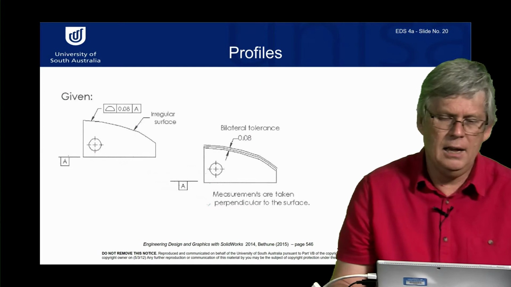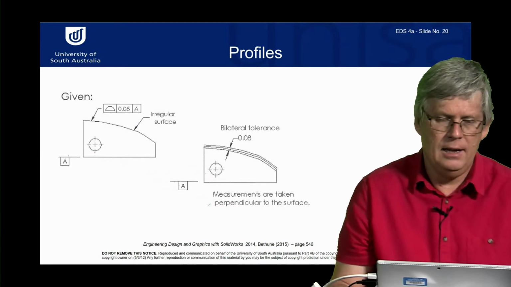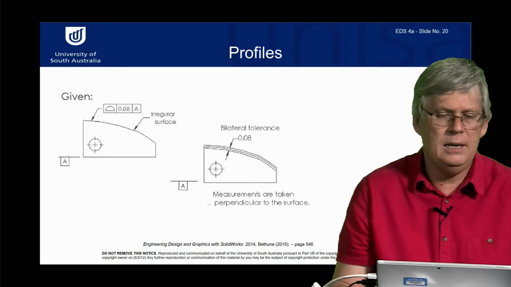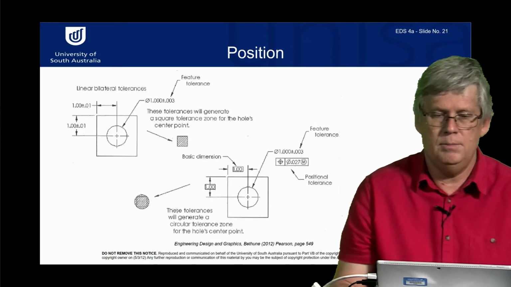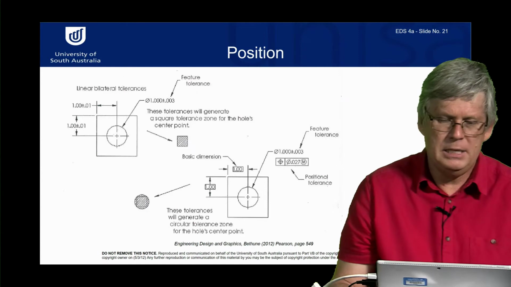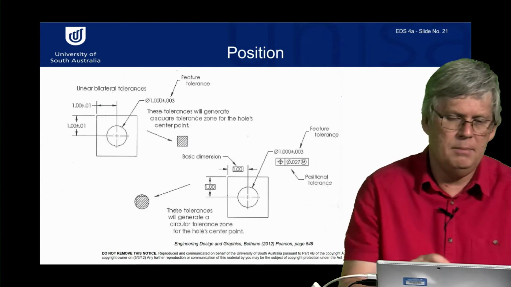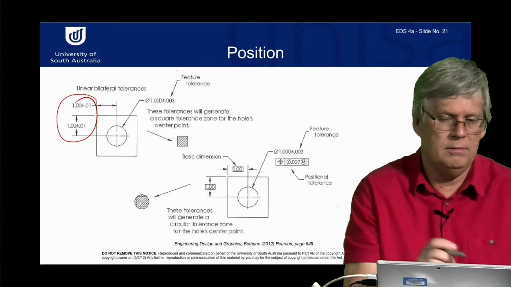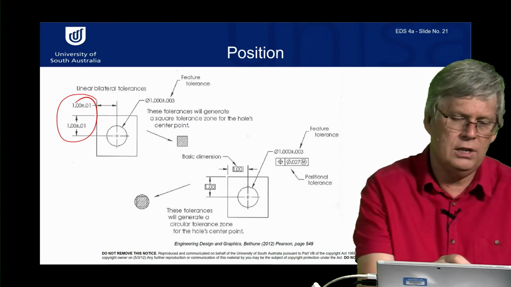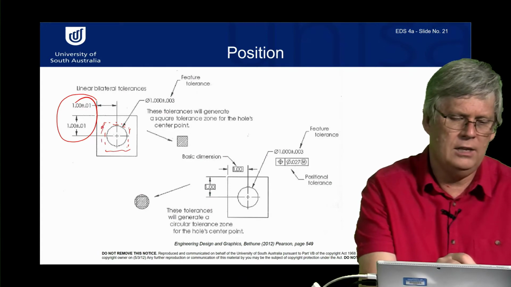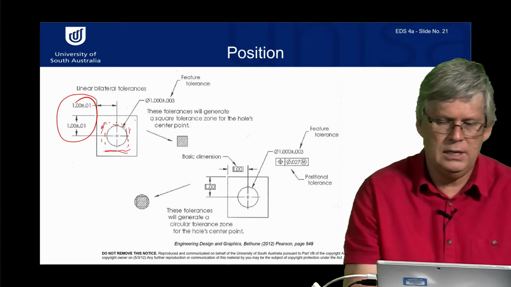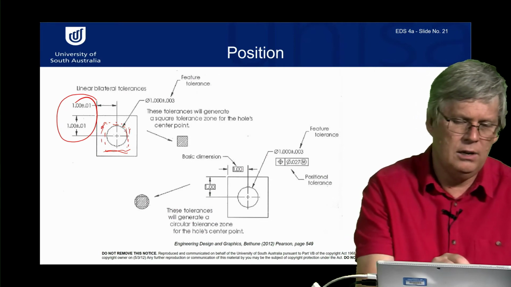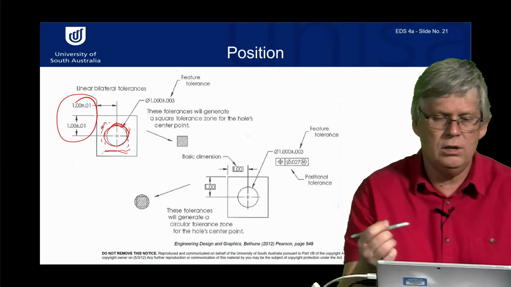Profiles, as I showed with the cam, we can show how accurate the cam surface must be with a profile symbol. Now, position. If we did linear position, like here, this is actually inch dimensions, but it's just a dimension. If we use just those, it would be acceptable for the circle to be plus or minus so much in a square. But actually using a position accuracy says no, it must be accurate within a circular point.